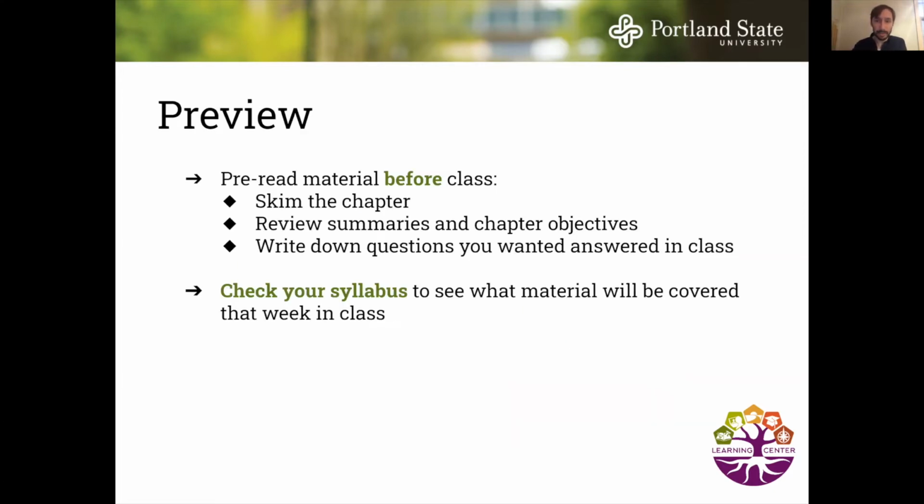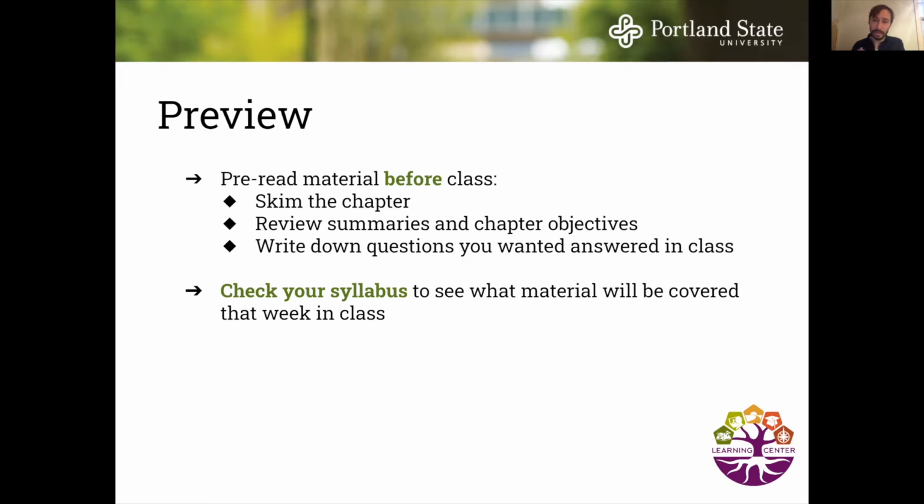So the first step is previewing the material. This helps you, before class, have the material more fresh in your mind, kind of primes you for being in a better position for learning it. So you could do this by, for example, skimming over the chapter before class.